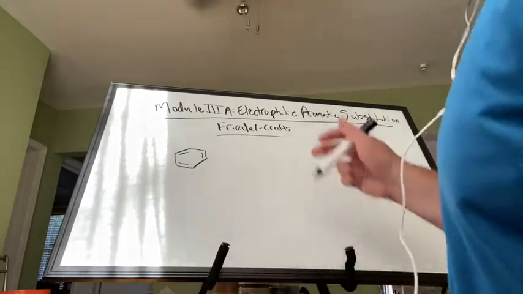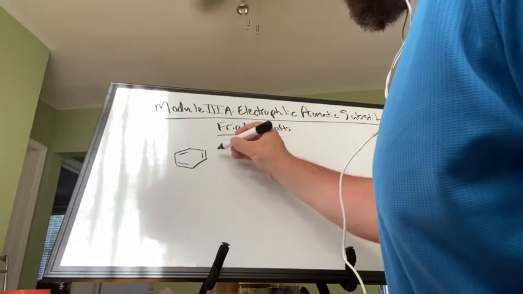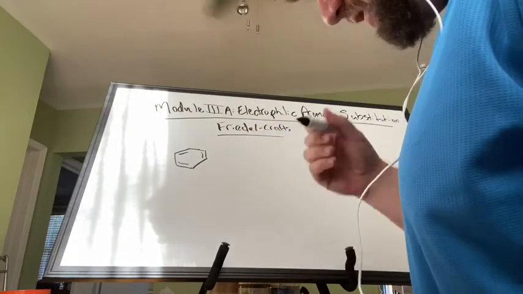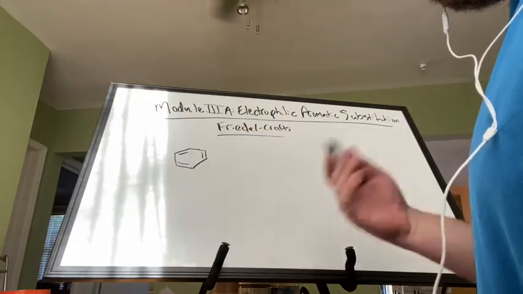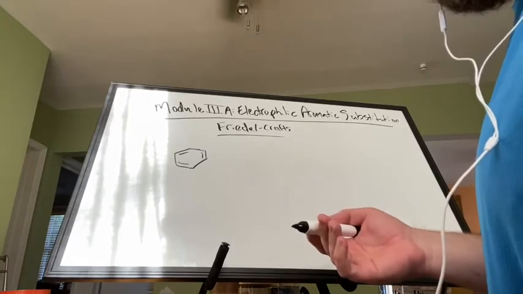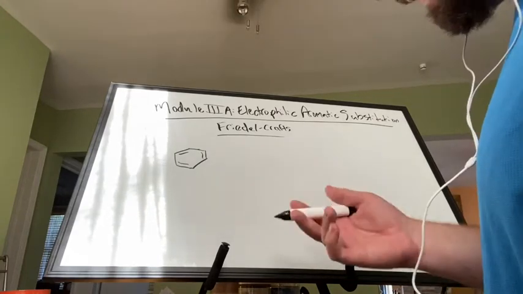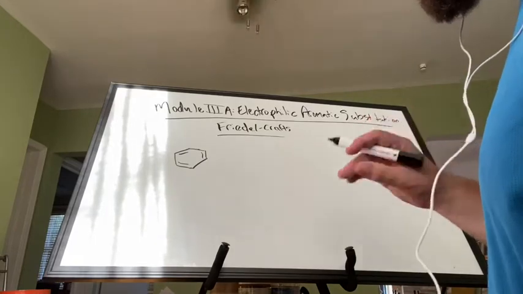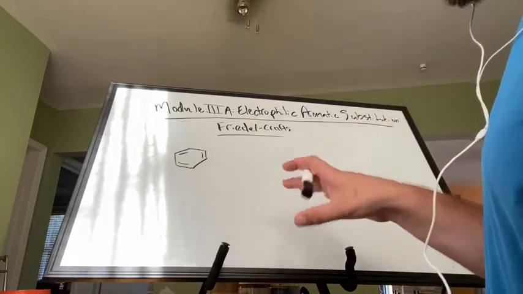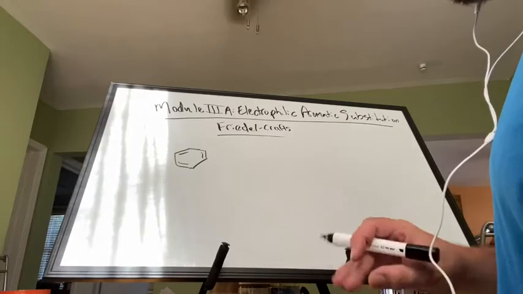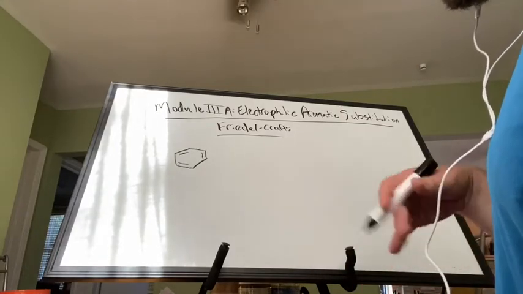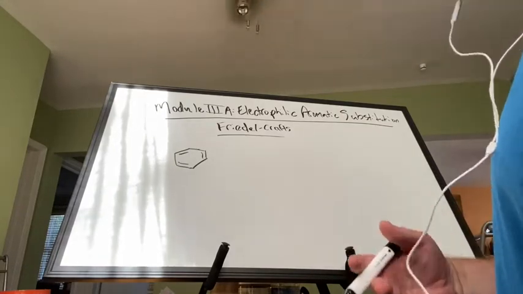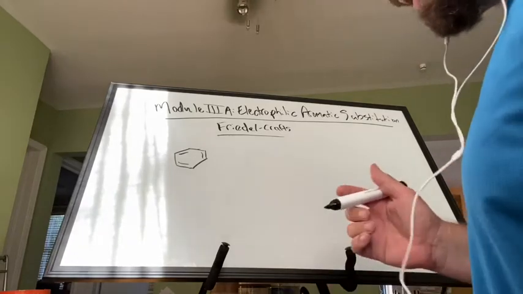But we're going to consider some other variables here. So this is why it's still kind of good to know your mechanisms and things of that nature, especially when you're thinking about stable intermediates and what have you. Because in the end, you're going to look at things in more of a synthetic focus, but you still need to sort of understand what's going on underneath the hood, so to speak.